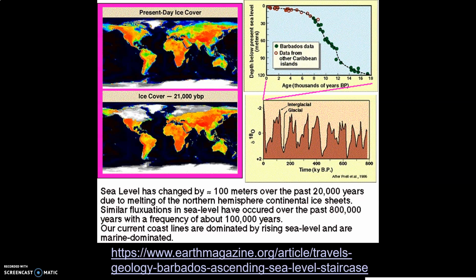Speaking of changes in sea level over the last thousands of years, when I talked briefly about glaciation, you should know that the glaciers have waxed and waned throughout time. This is the present-day ice cover, and this shows ice cover over the last 21,000 years.